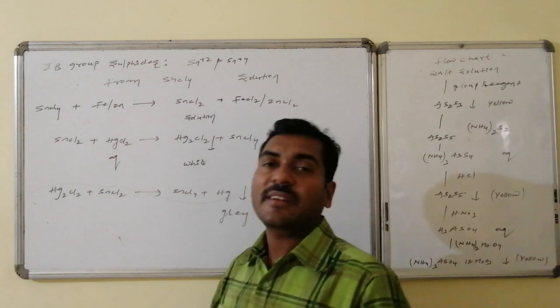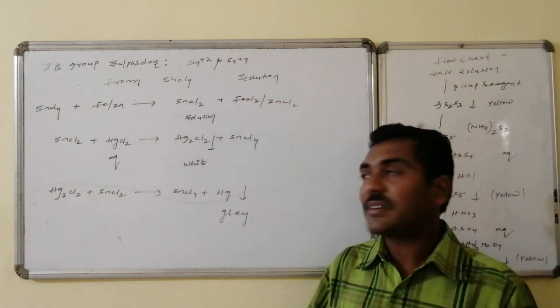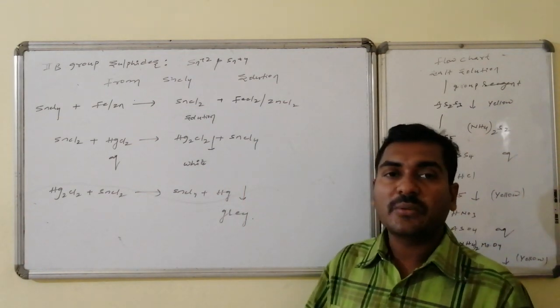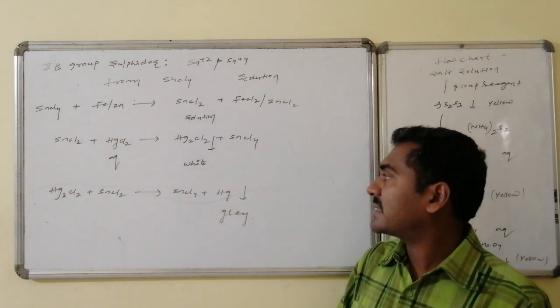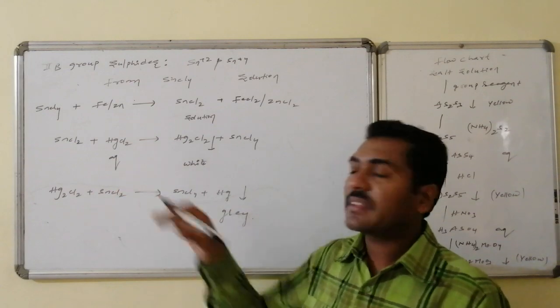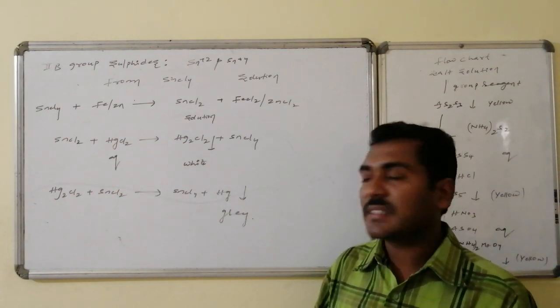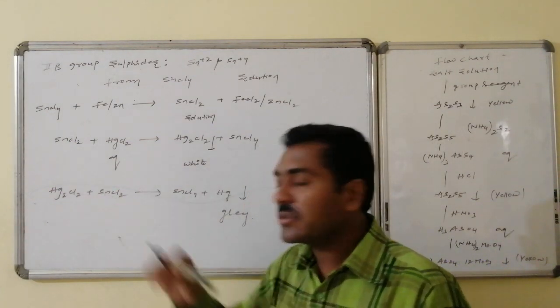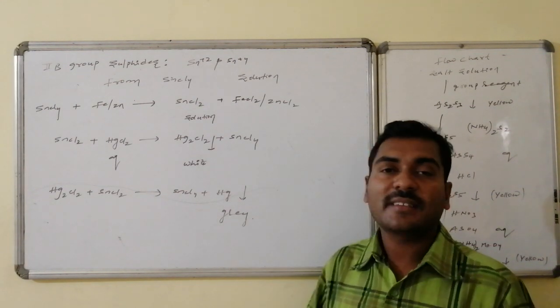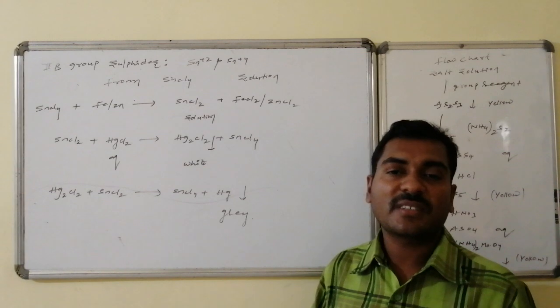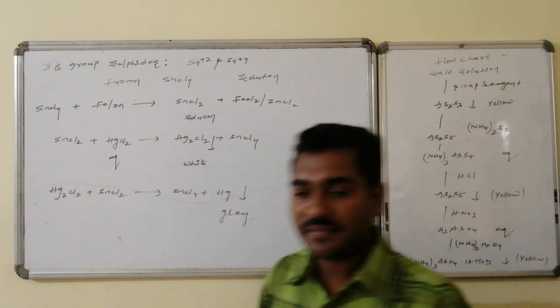This tin dichloride on reaction with mercuric chloride solution is converted to tin tetrachloride, followed by white precipitate formation of mercurous chloride. This white precipitate, on further reaction with excess SnCl2, is reduced to mercury 0, and a grey precipitate forms at the bottom of the test tube.